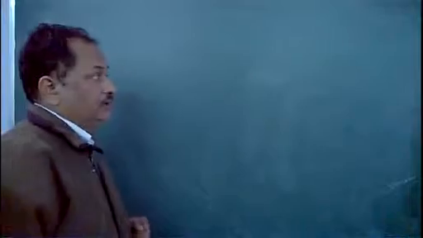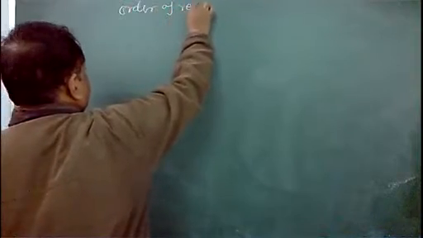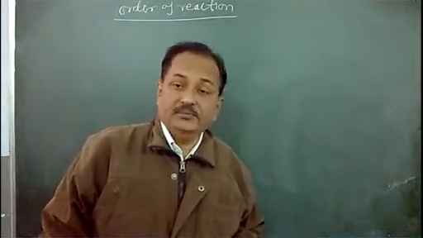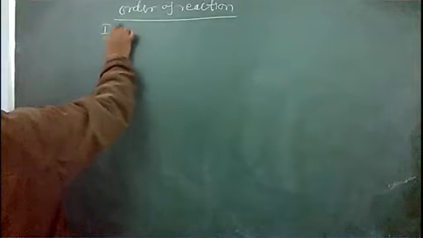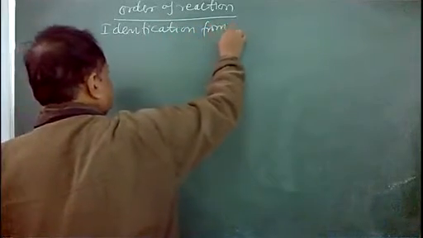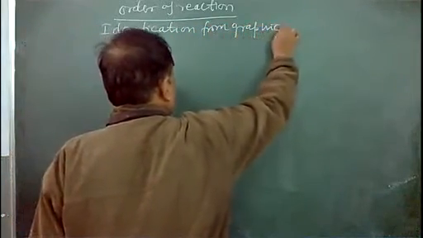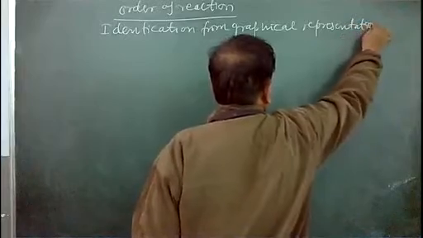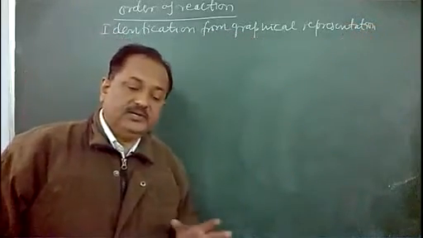I am going to explain something more about the order of reaction, and in this, how to identify it from a graphical representation. How we identify from the given graph.